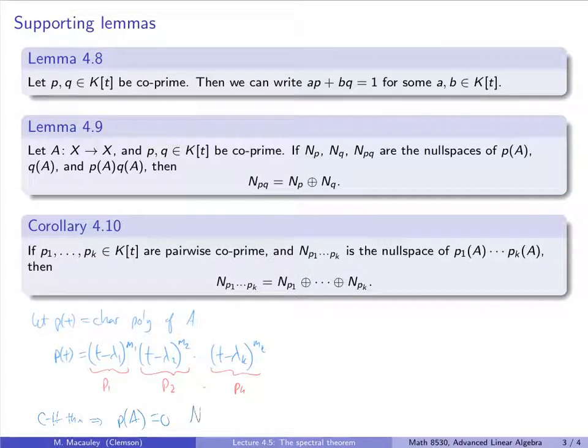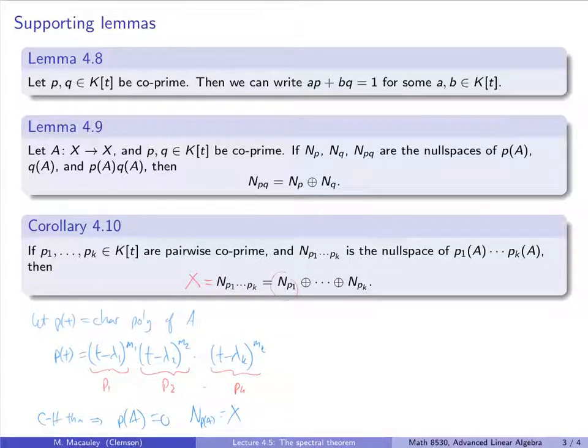So the null space of P of A, the null space of the zero map, is everything. So in this case, this space N_{P_1 ... P_k} is equal to X. That means that everything in X can be represented uniquely as a sum of things in these individual N_{P_j}'s. And think about what that is.